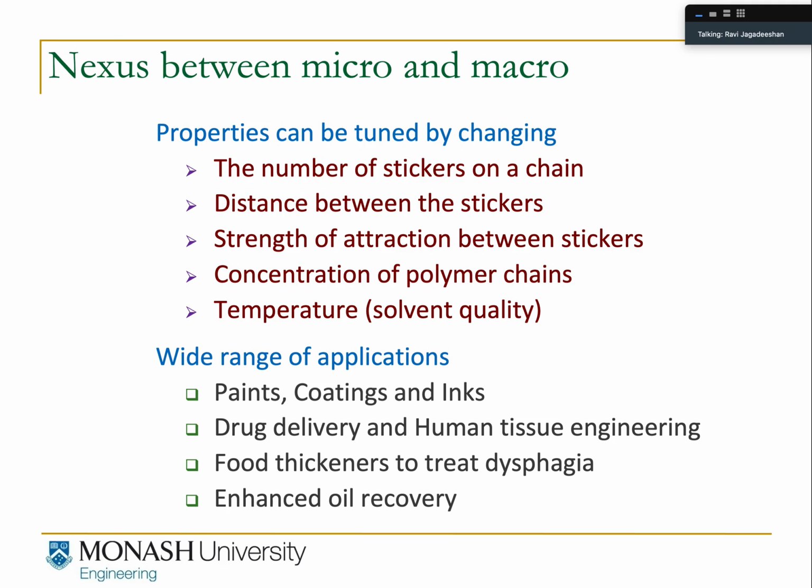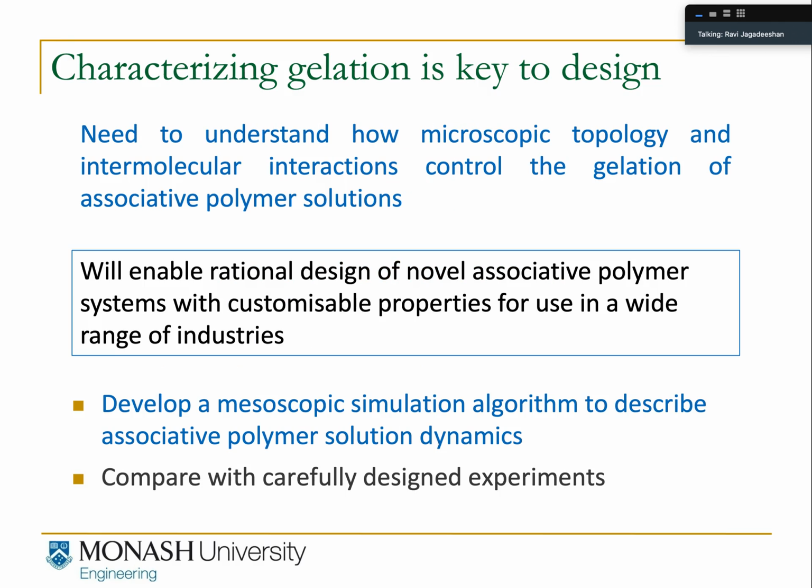And in particular, the gel phase has found application in many areas. So it's clear that characterizing gelation, what are the conditions that lead to its onset, what are the mechanisms that cause it on a molecular scale, all these are really important questions if we want to be able to rationally design associative polymer systems with a number of customizable properties.